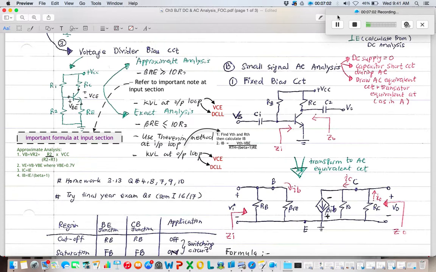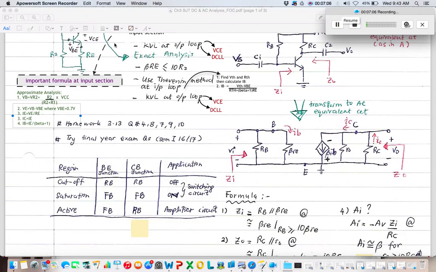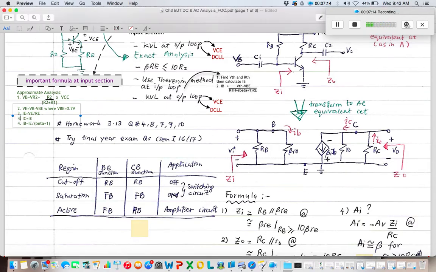Maybe I need to write down so that you will not get confused. Okay, I already added another equation here. This one's supposed to be number 4 and number 5. So the third formula is to calculate IE. IE you can get from VE over RE.